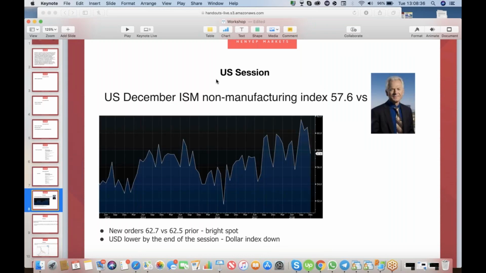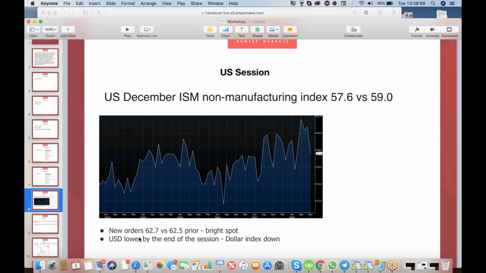First of all, going back to the US session yesterday, the ISM non-manufacturing index came out, and the result was 57.6 versus 59, a fall in the non-manufacturing index. So that is negative for the US dollar.